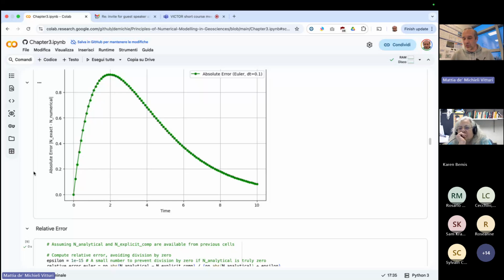If you have a second order scheme, you have to decrease the time step, but less with respect to a first order scheme. So an advantage of higher order schemes is that in order to decrease the error, you need to increase the computational time less, let's say.